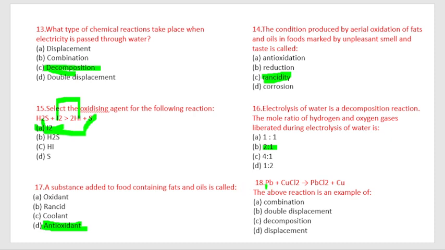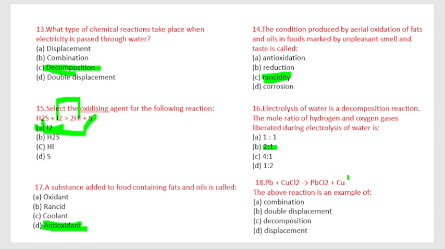Next question. Pb plus CuCl2 gives PbCl2 plus Cu. The above reaction is an example of combination, double displacement, decomposition or displacement? Is it a combination? It is not a combination reaction. A combination reaction is a reaction in which two or more substances combine to form a single product.